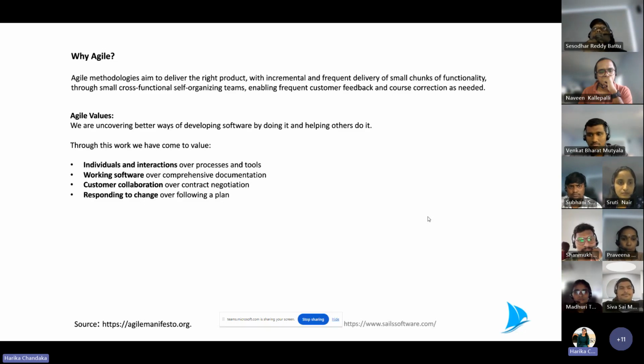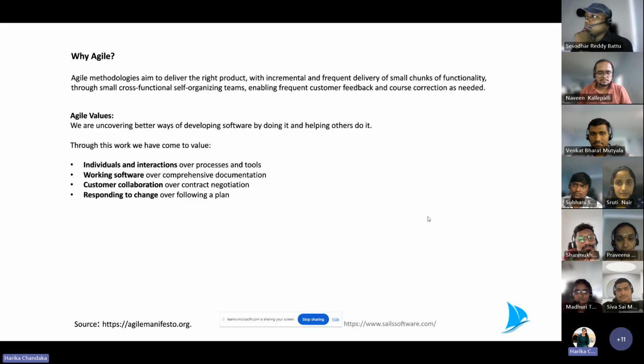So most of you might be knowing about the agile principles. The 11 principles, I'm not going to talk about them today, but I would just add how agile values are important in an IT product. Agile values usually have always been more valuing the individuals and interactions over the processes and tools, working software over comprehensive documentation, customer collaboration over contract negotiation, and responding to change over following a plan.